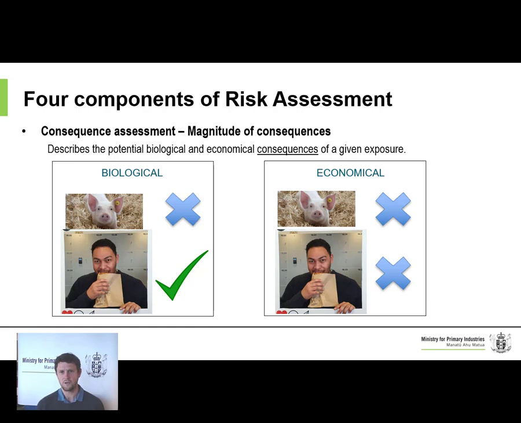So the consequences from an economical perspective become very high when considering African swine fever entering the country, becoming established and wreaking havoc.